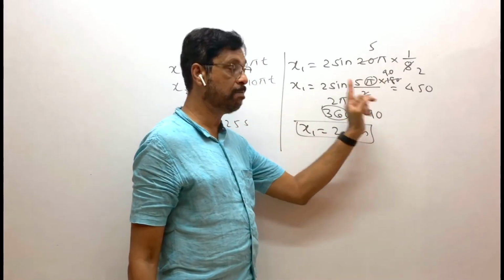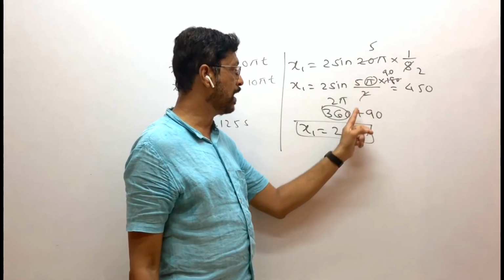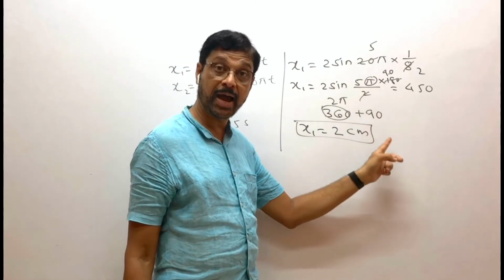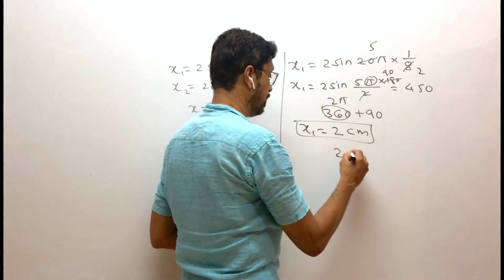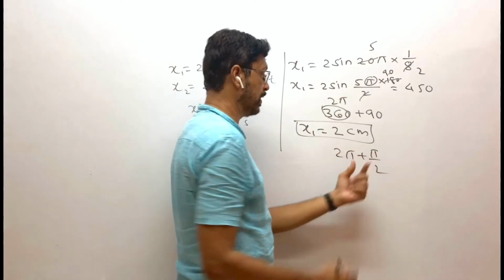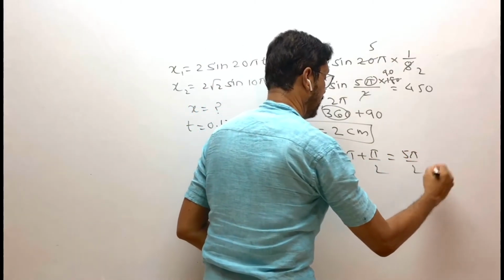Sine 5 pi by 2 is sine 2 pi plus pi by 2. 2 2s are 4 pi plus pi, 5 pi by 2.